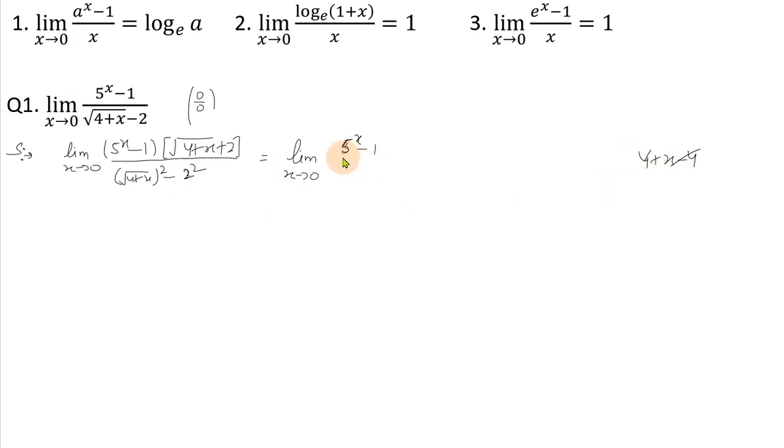We have x in the denominator which is adjusted with the first term, that is 5 power x minus 1, into limit x approaches to 0, the rationalized factor square root of 4 plus x plus 2.